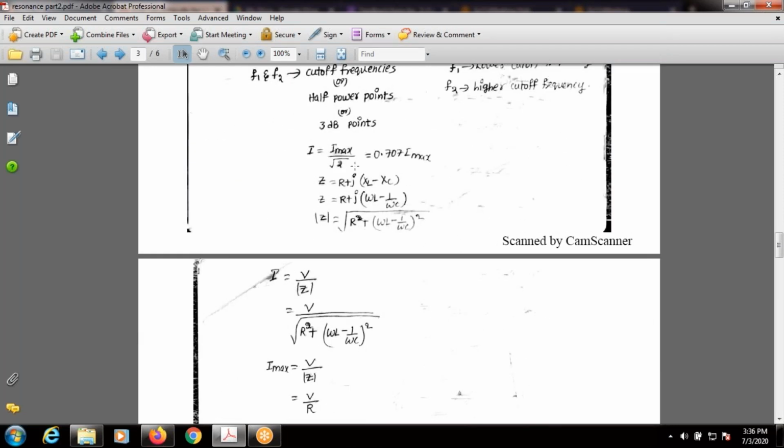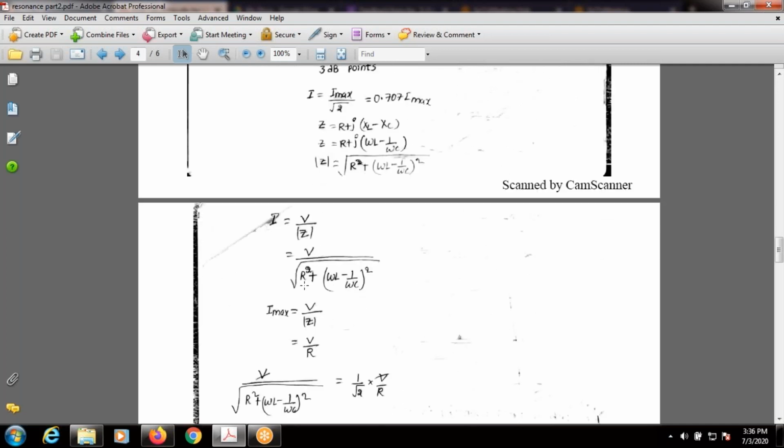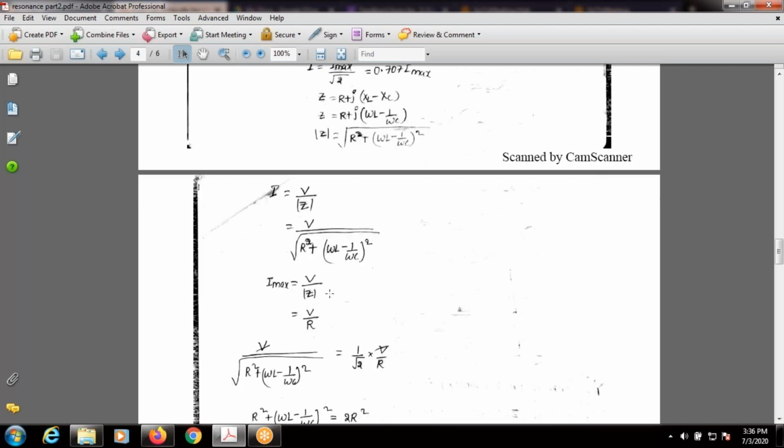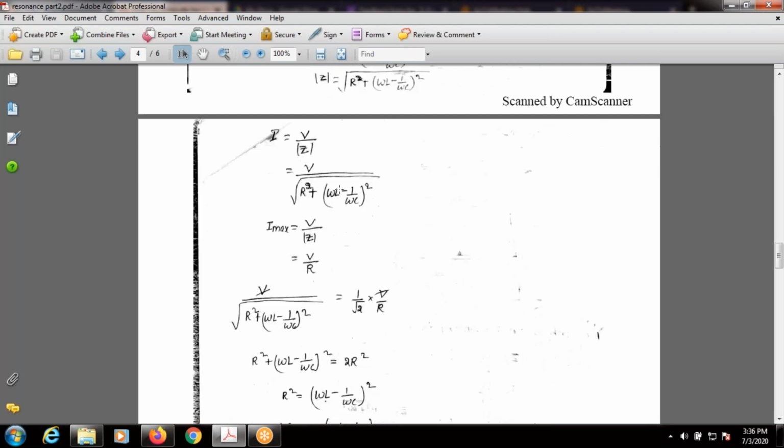Then from that, we have to simplify this one. I is equal to I maximum by root 2, that is equal to 0.707 I maximum. Then I is equal to V by Z, where Z is equal to root of R square plus (omega L minus 1 by omega C) whole square. But I maximum is equal to V by Z, that is equal to V by R only. Then these two are equal.